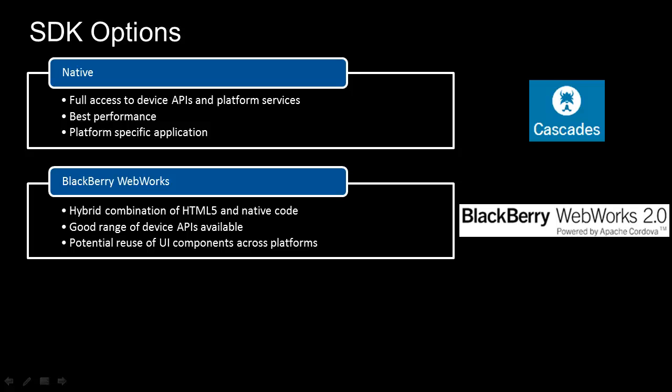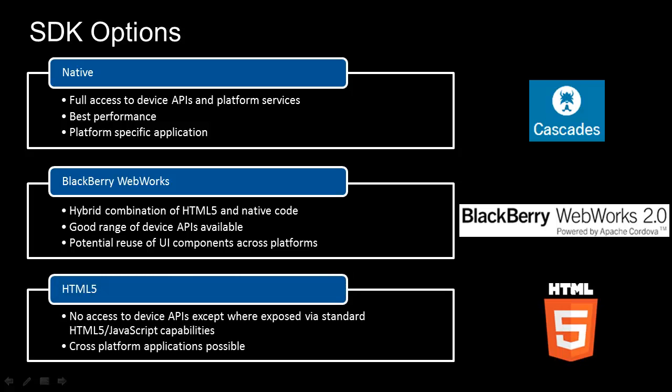Where BlackBerry WebWorks was concerned, we'd be producing a hybrid application which used HTML5 for the user interface and native code via extensions to exploit capabilities of the device via its APIs and exposed services. This would give us the potential for a good, rich, functionally capable application and the potential to reuse parts of our application, the UI written in HTML5, across other platforms.